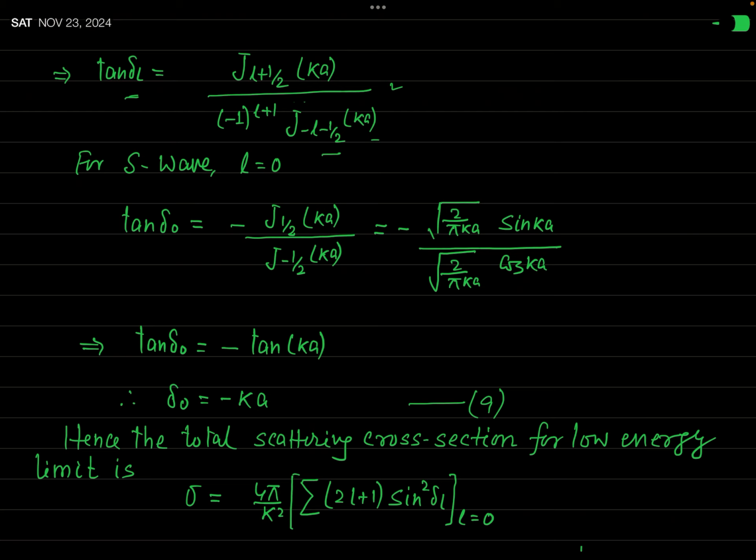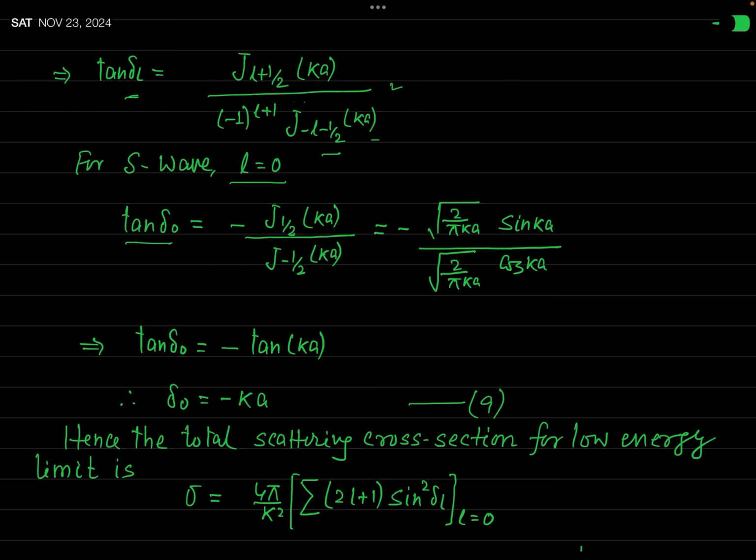But as I have told you, in this condition the scattering is prominently due to S wave, that is the wave for which L is equal to 0. So definitely we have to calculate the phase shift for the S wave. For getting it, you have to put L equal to 0 in the above result. So tan delta L will now be written as tan delta 0.